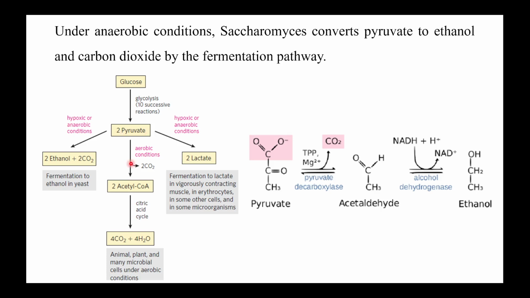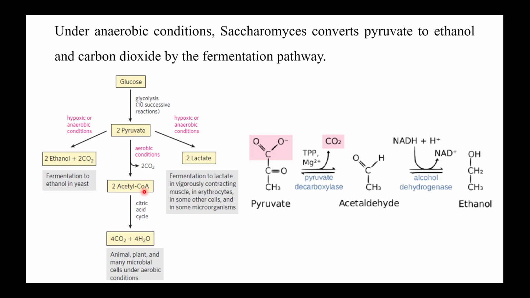Finally, oxygen is going to accept the electron. So these two pyruvate under aerobic condition will be converted into acetyl coenzyme A, and then finally CO2 and H2O. Okay, final oxidation of all the compounds will happen and we'll get carbon dioxide and water, and all the electrons that are released in the reactions will be accepted by the oxygen.